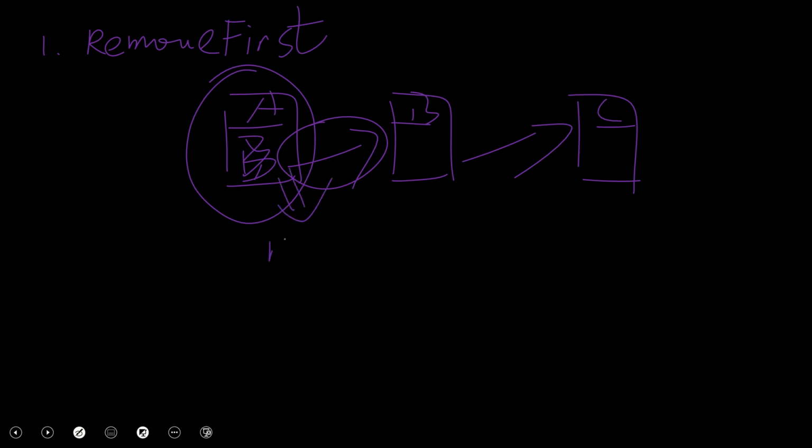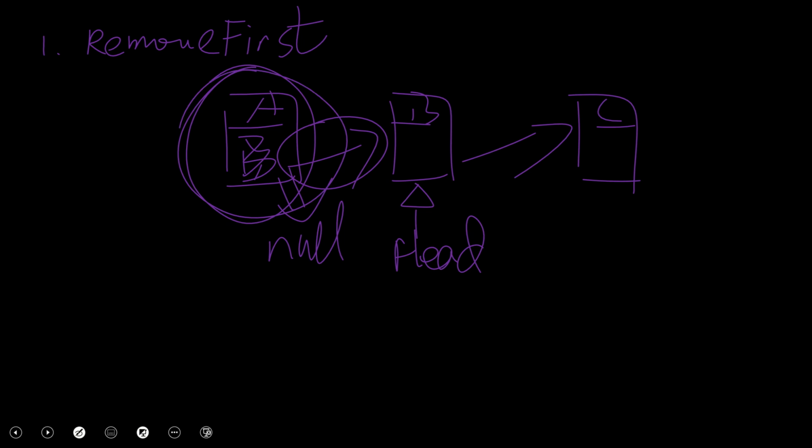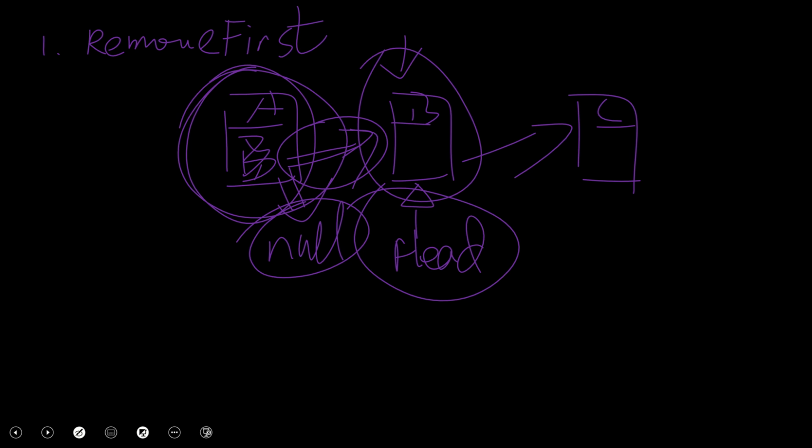We just change next to none, and move the head over here. Some people don't even care about that; they don't change the none, they just directly make the head the next one. This is another idea, because we only care about the linked list. So if the head is the second one, basically we remove the first one.